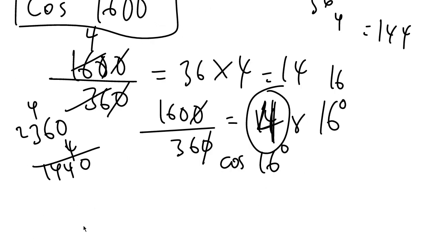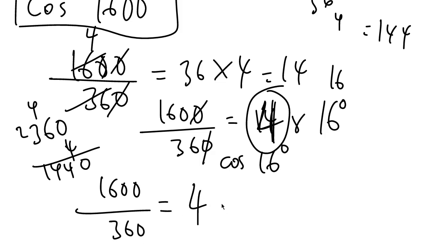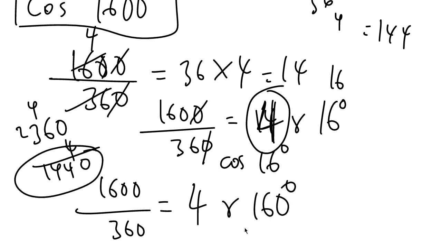So what is remaining? That is the question. Do you understand? So what happens here is that you have 1600 divided by 360, and what you now have is 4. And 360 times 4 is 1440. So remainder what? 160 degrees. So you have cos 160 degrees.